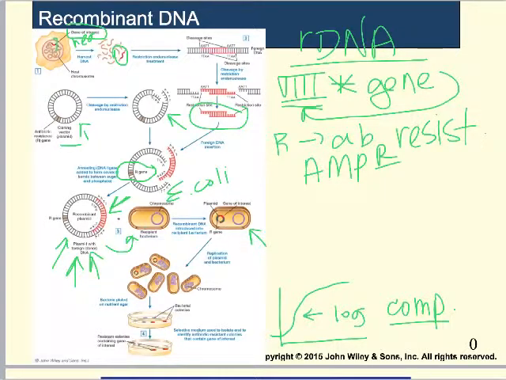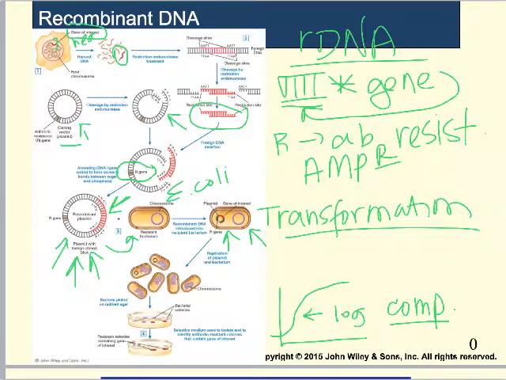Now the plasmid is not going to go into all of the cells. This is called transformation. We're not going to get 100% transformation. It just doesn't happen. It's not that easy to do. So some of your cells will have plasmid and some of them won't. How are you going to tell which ones have it and which ones don't?